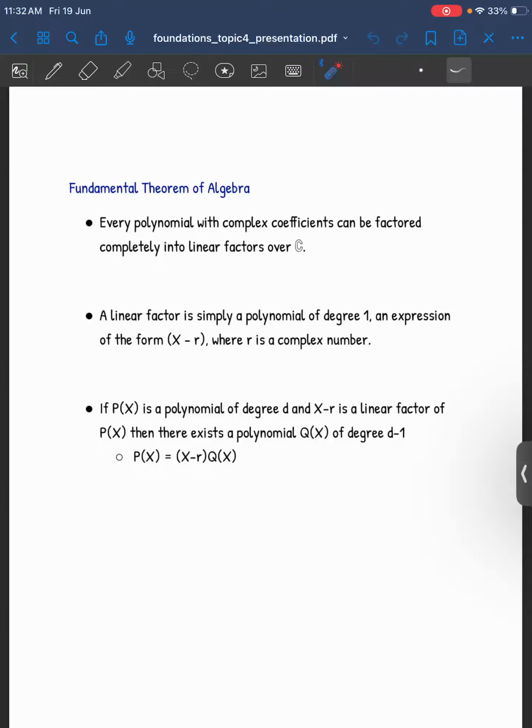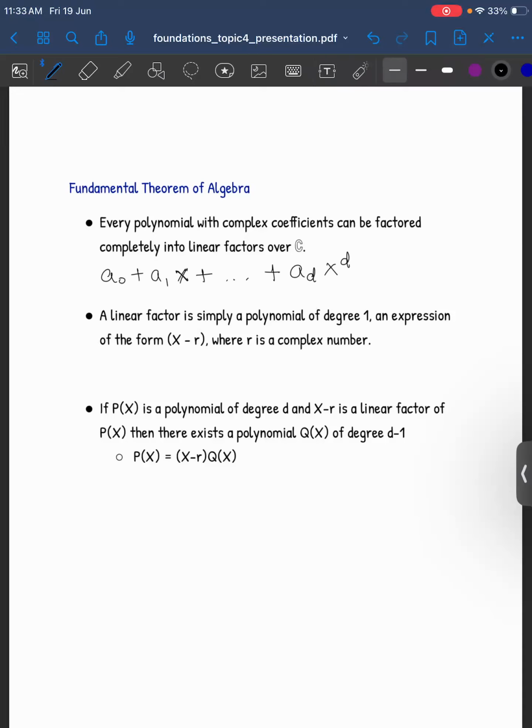The fundamental theorem of algebra states that a polynomial over complex numbers has a linear factor over the set of complex numbers itself. So polynomials are objects of the form a0 plus a1x plus dot dot dot plus ad x to the power d, where d is an arbitrary natural number.